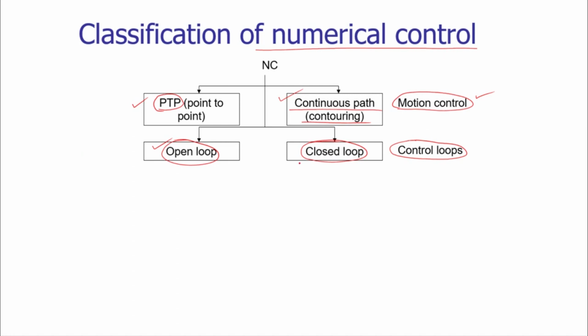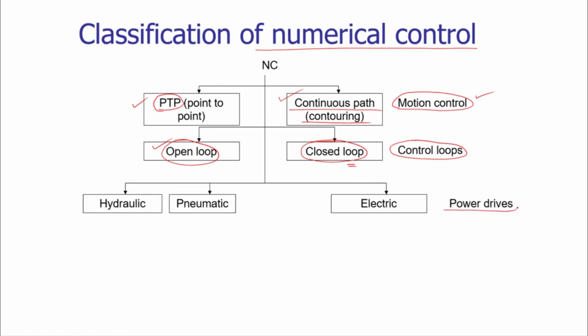As far as the closed loops are concerned, there is feedback, there is monitoring of movement of the work tables or the output devices, and based on that we are changing, we are editing the process parameters. In certain CNC based machine tools, we are having the adaptive control. The control unit itself is taking the decision to change the process parameters based upon the feedback given.